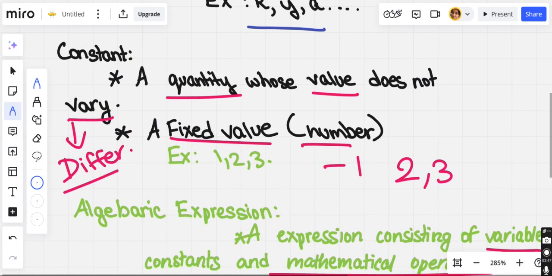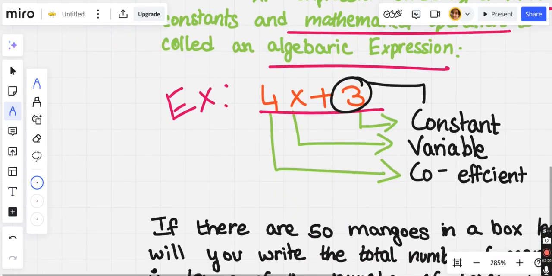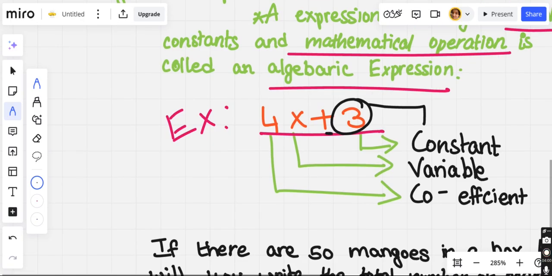I told you the meaning of constant, which is a quantity whose value does not vary. Next, plus is an operation. Okay, so this is x.